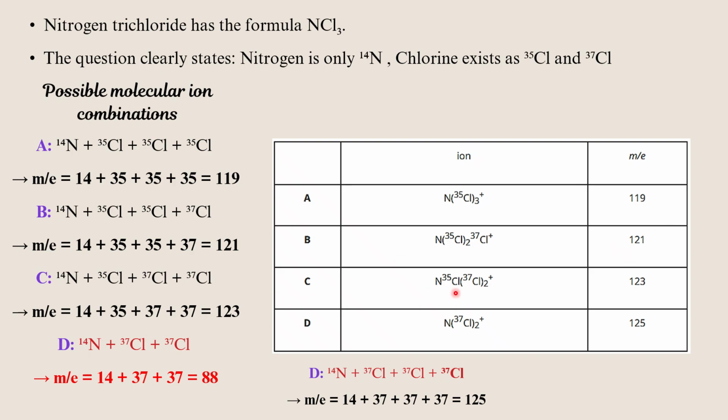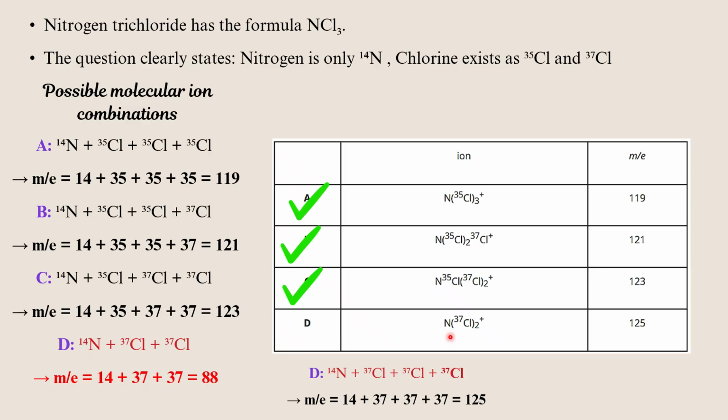Let's go for the next option, where we have one nitrogen, one chlorine-35 and two chlorine-37. Following the same approach, we end up with an m/e value of 123. So this option 3 is also correct. Till now we have understood that options A, B and C are correct. So let's check the last one.